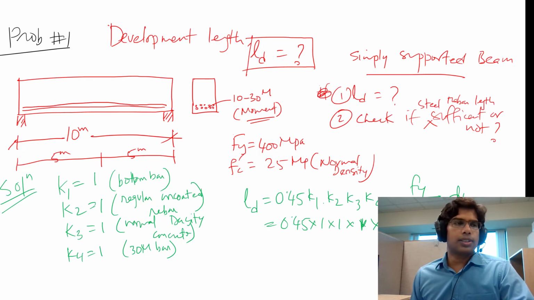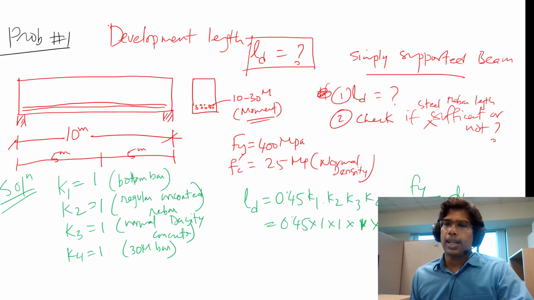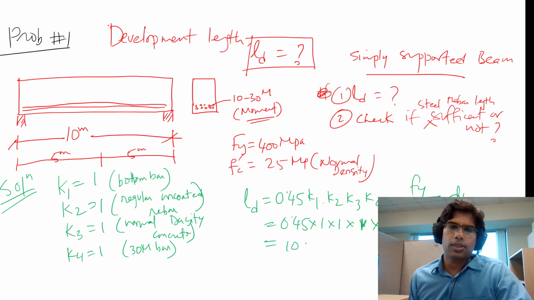As I mentioned in class, you're supposed to use the actual bar diameter instead of 30, but for simplicity, for this particular example, I'm just assuming 30. If it is in the final exam, you should use the actual diameter. And we find that it's 1080 millimeters.